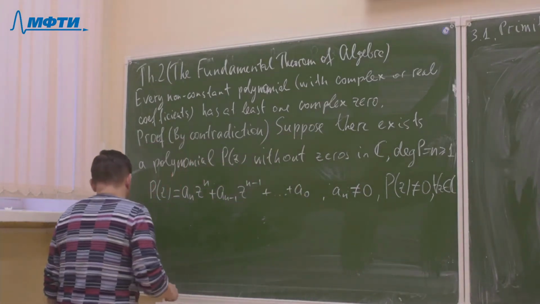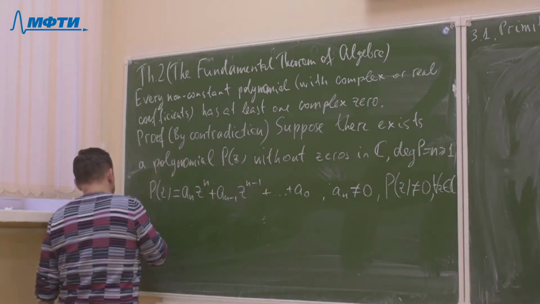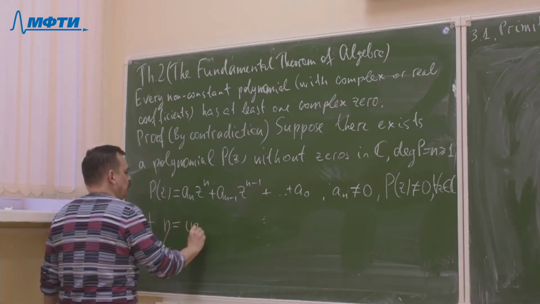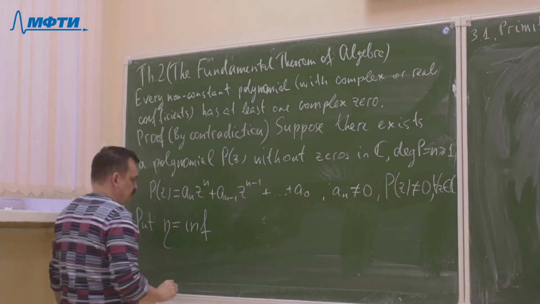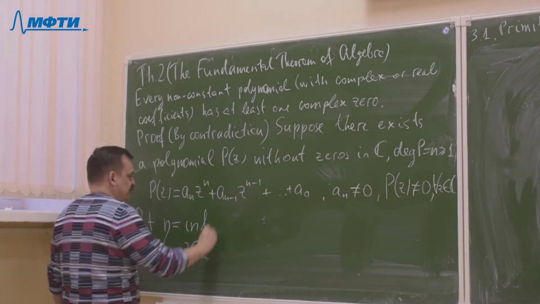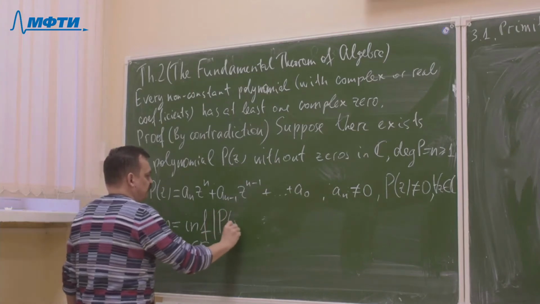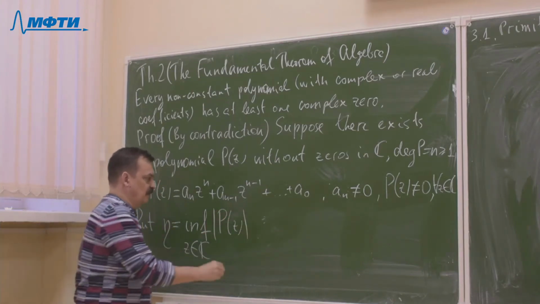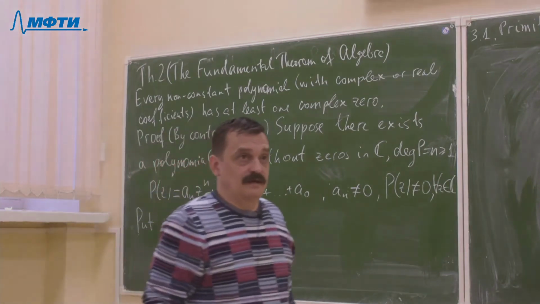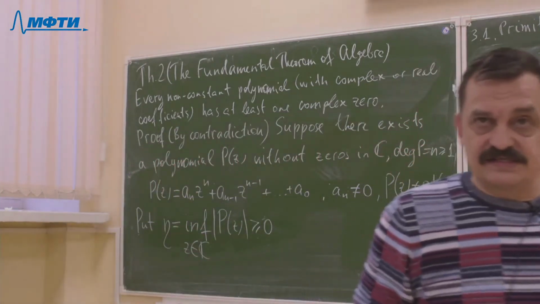Now put eta equal to the infimum over all complex numbers z of the modulus of P of z. That is a non-negative number. Why does it exist?